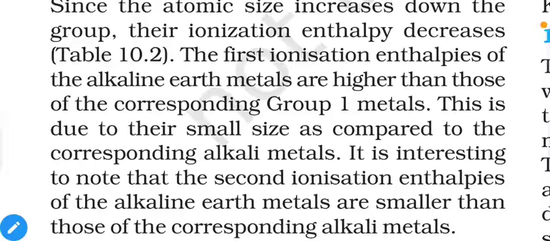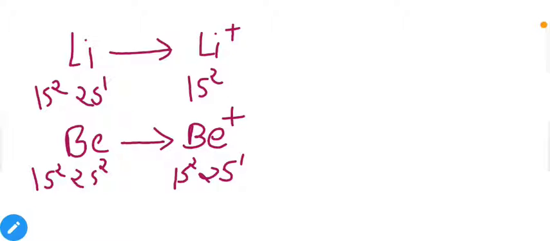But if we check the second ionization enthalpy of both groups, that means group 1 and group 2, then enthalpies of alkaline earth metals are smaller than those of the corresponding alkali metals. Now the reason for that is, let's talk about the ionization of the first two elements of both groups. As we can see in the first group element, that means lithium, the initial electronic configuration was unstable.